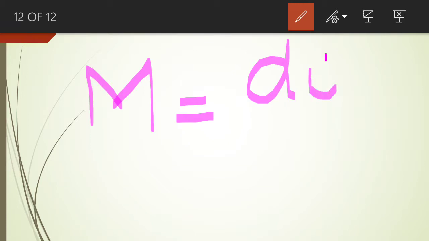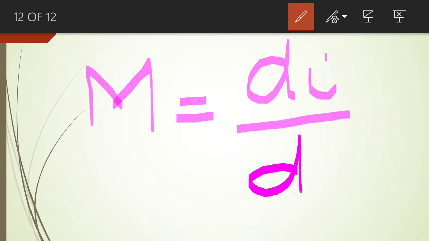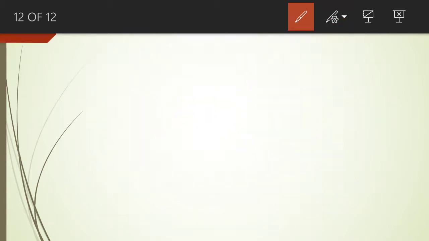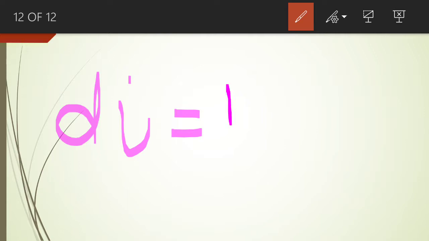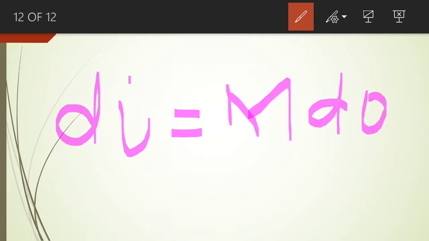Now we know another equation. Let us recall this particular equation. We know that m is basically equal to di divided by d naught. So we can calculate di with the help of this equation as well. Okay. So if you want to calculate di, it will be equal to m multiplied by d naught, and we put the values.